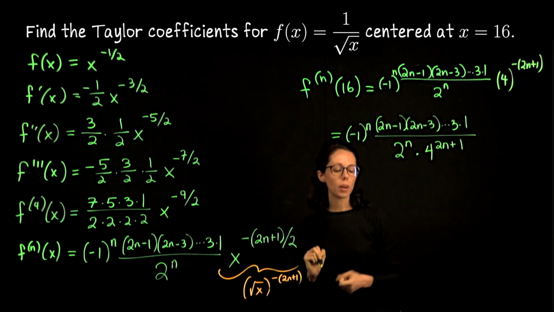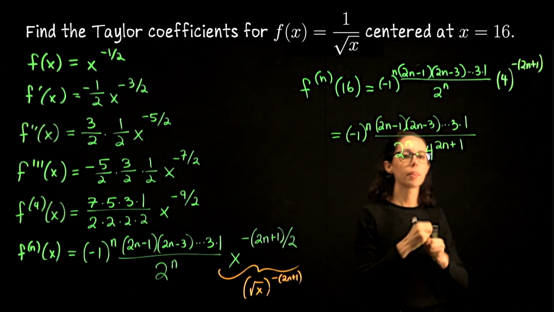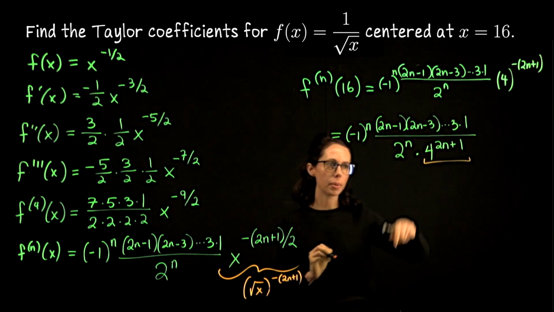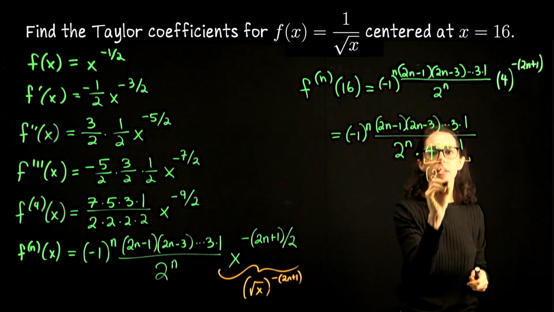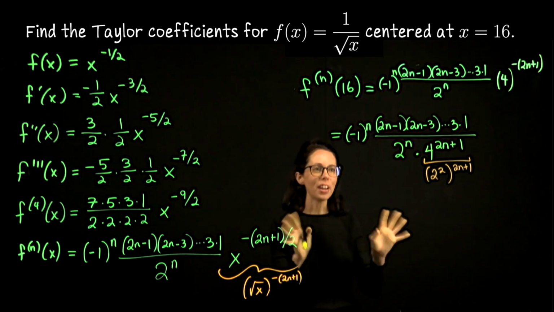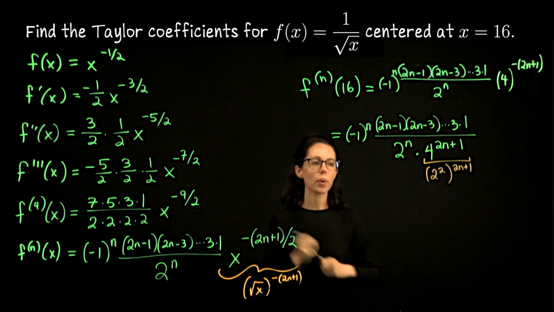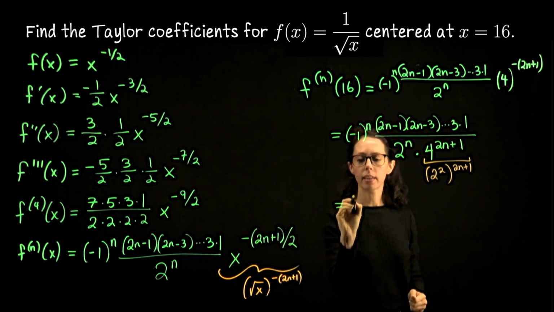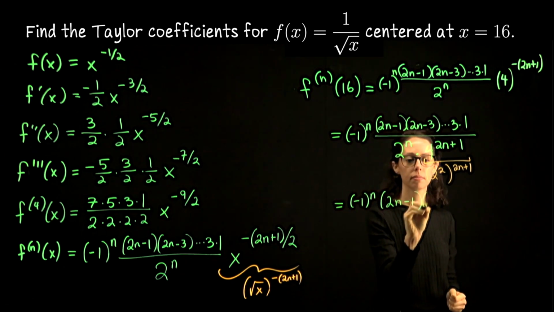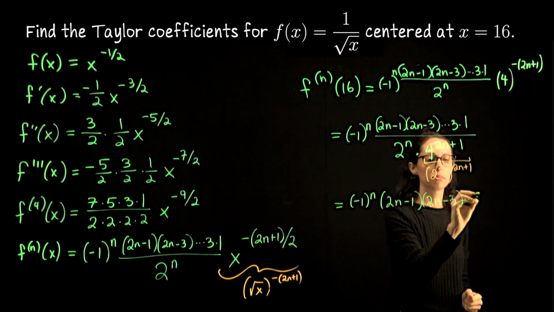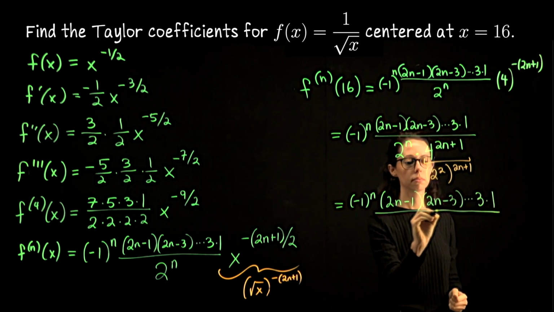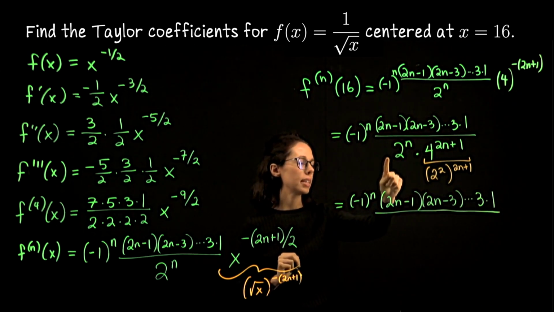And then I would like to write this one more time. It's not totally necessary, but 4 is 2 squared. So if I convert it to base 2, I can combine these two denominator expressions. So this is 2 squared to the 2n plus 1, which means that my final form for the nth derivative of f evaluated at 16 is going to look like negative 1 to the n times the odd product divided by this product here.